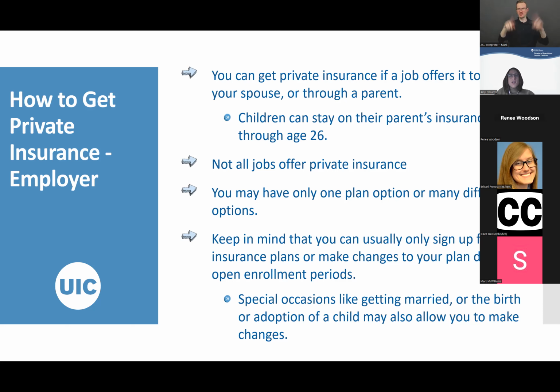You can also make changes if you have a special life event like getting married or having a child or adopting a child. If you would like to learn more about that, you should reach out to your employer's human resources department or their insurance contact to find out when those time periods are or what is eligible for special enrollment periods.